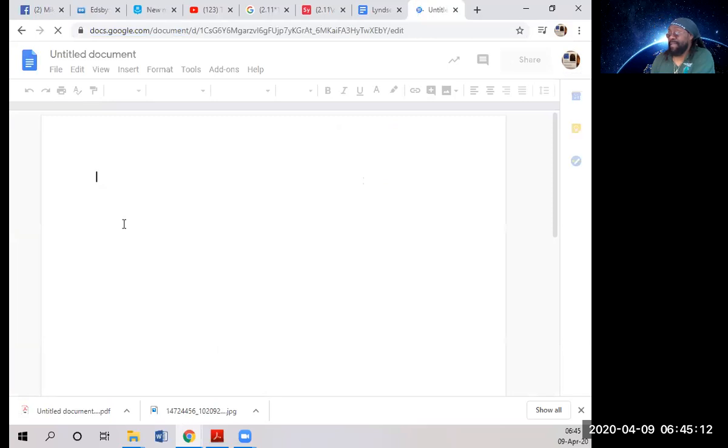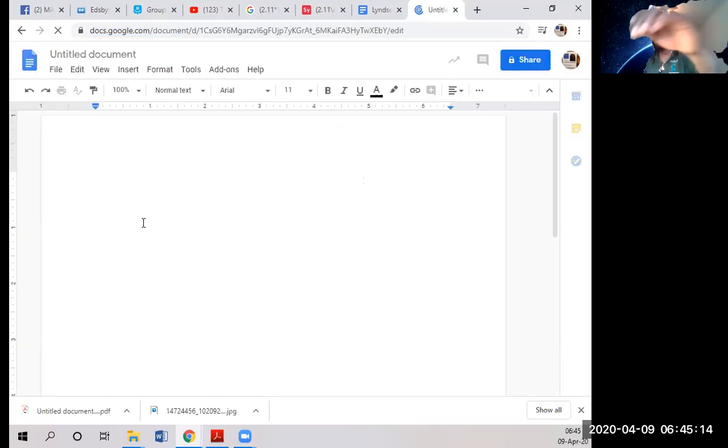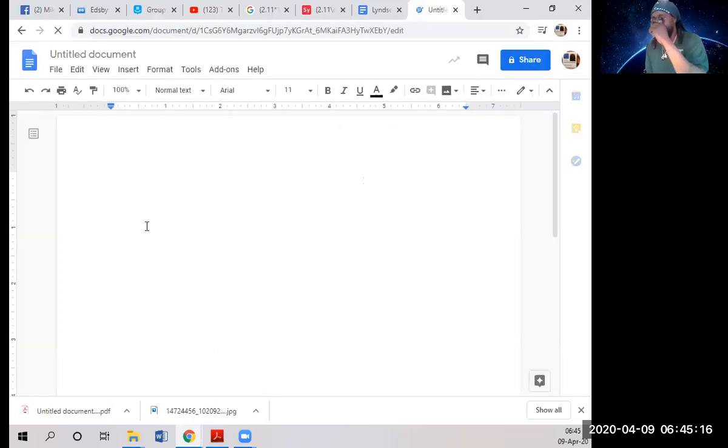And I think you guys can see that, right? So you click on blank, you actually are able to now start your document as if it's a word processing document. I know a lot of people like to use Word, Microsoft Word, but the problem is when you use Microsoft Word, you're not able to actually share the document and everybody's able to work on it.